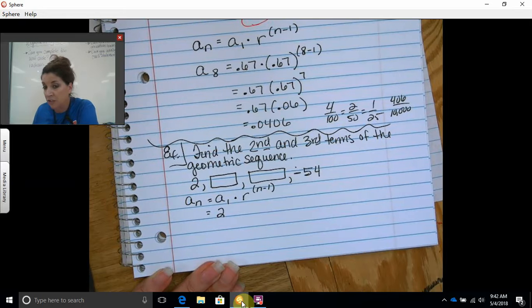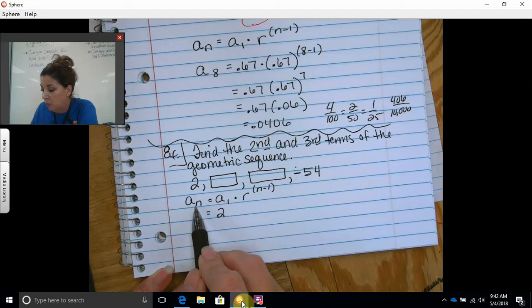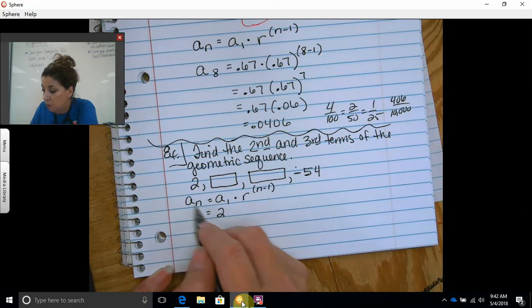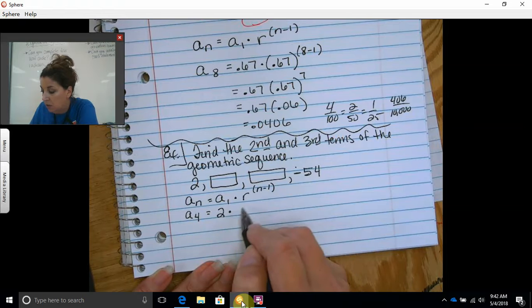So what we're going to have to do is substitute in what we know and go from there. Usually we put in here what we're trying to find. Well, we need some more information. So we know a sub 4. We don't know r.